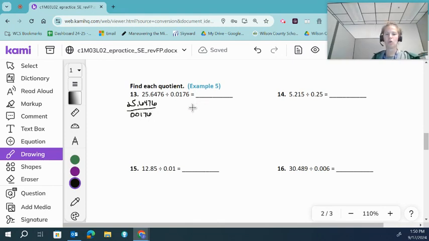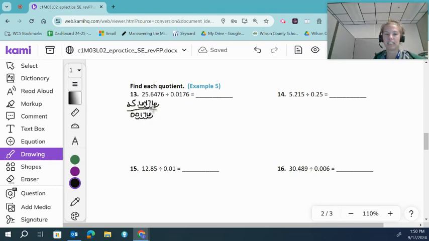To keep these equivalent, I'm going to multiply them by 10,000 because I want to move my decimal 4 places. If I move it 4 on the top, I need to move it 4 on the bottom.